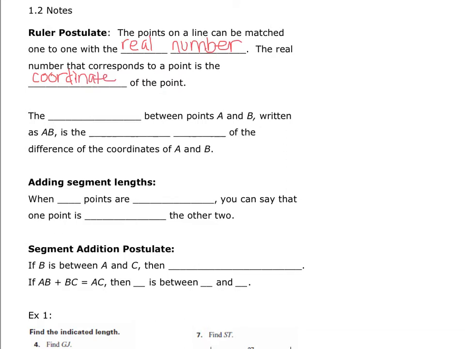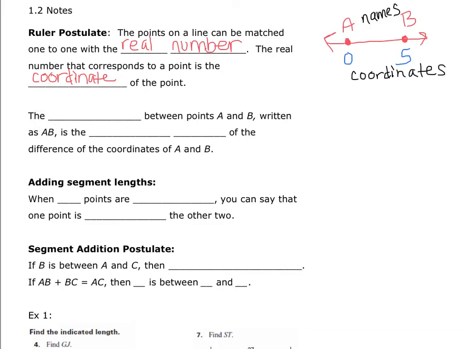It's just a lot of big fancy words, and all it means is if you have a point here on a line and another point on a line, remember the old school number line that you used to count, like this would be 0 and this would be 5. So these are actually the names of the points, and these numbers are the coordinates. And that's all that means.